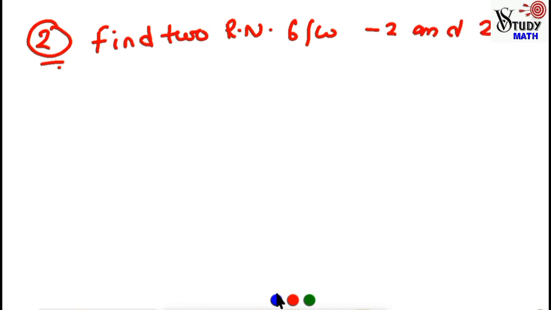So let's solve this question with the alternate method. Here negative 2 by 1 and 2 by 1 have the same denominator, and n is equal to 2.